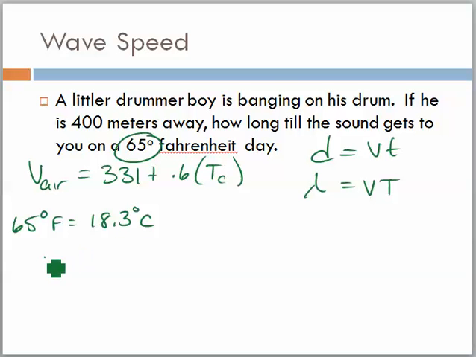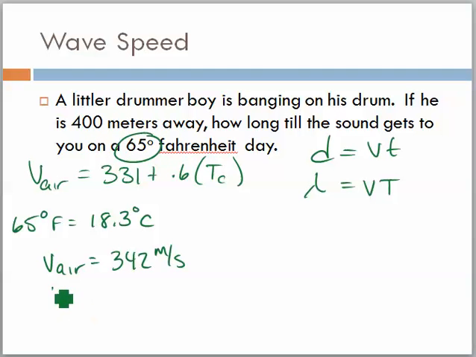So the velocity in air then is 331 plus 0.6 times 18.3. And that gives us a velocity approximately of 342 meters per second. They then give me a distance here of 400 meters.